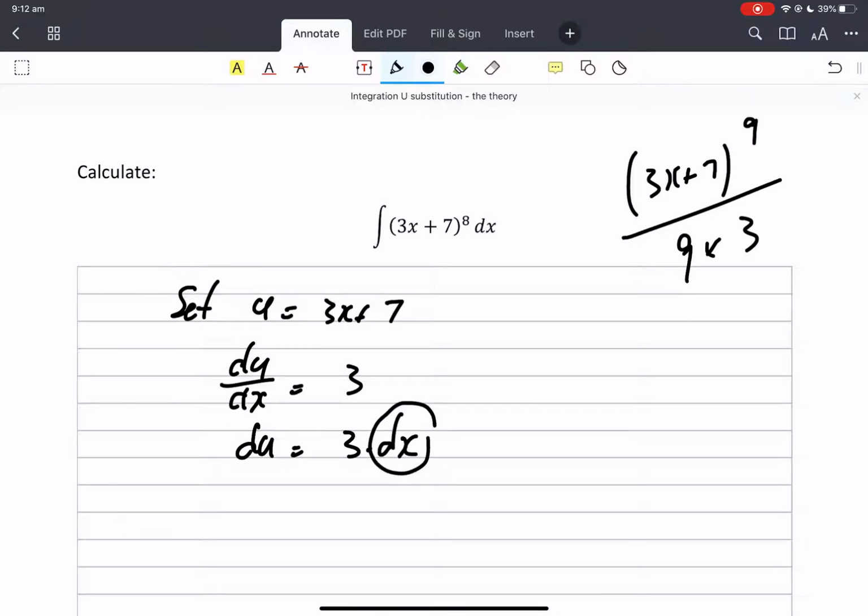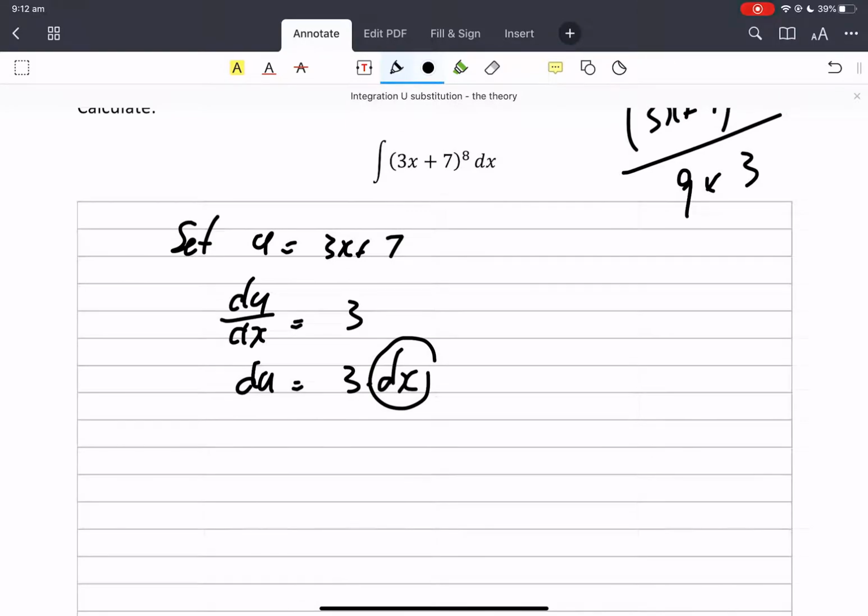So we've got this dx here, but we're missing a 3. So I'm going to get this integrand of, so I haven't really changed anything.